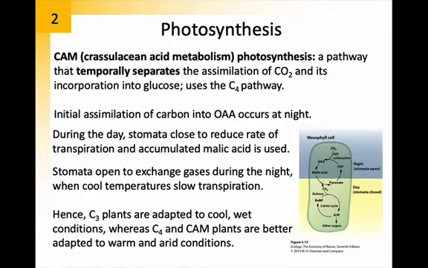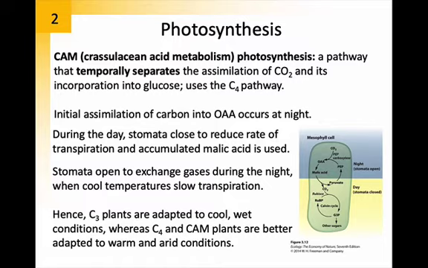Okay, the second arid land pathway is CAM metabolism, or crassulacean acid metabolism, and it doesn't separate these reactions spatially. It separates them in terms of time. So the light reactions happen during the day, and the dark reactions happen during the night.